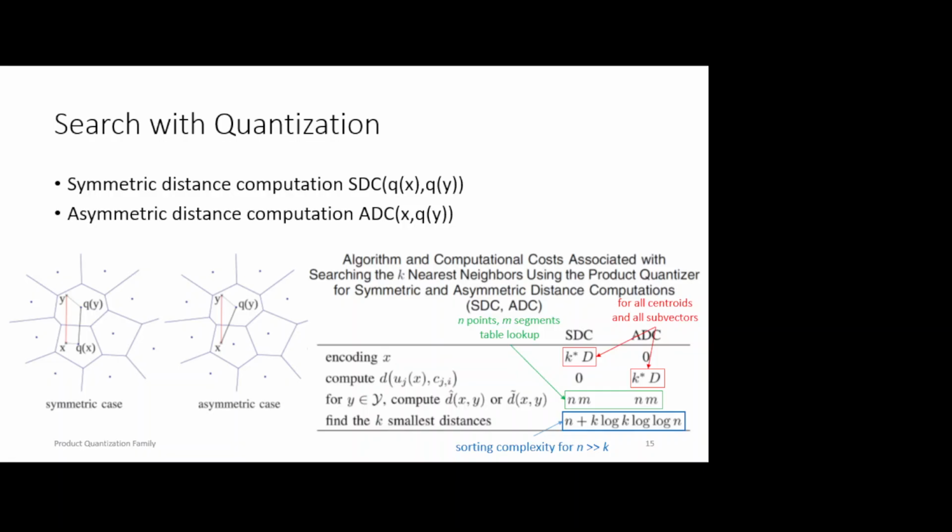But here, if we apply the asymmetric case, y is quantized to its centroid, but x is not quantized. We keep its original vector, so the distance becomes here. So we think with the asymmetric case, it should be more accurate because your query x is not quantized.